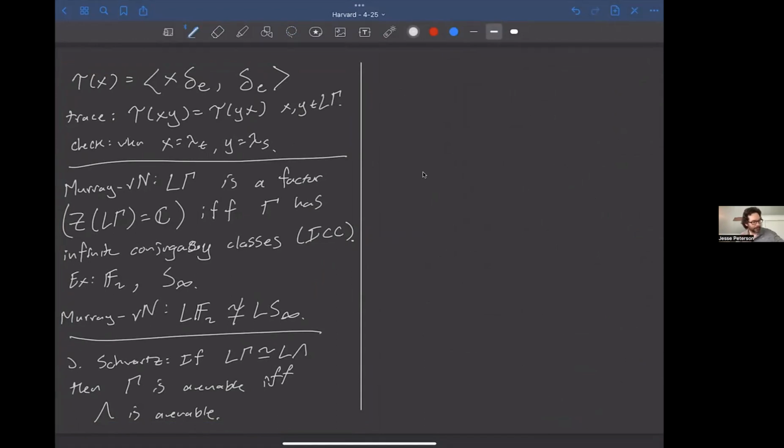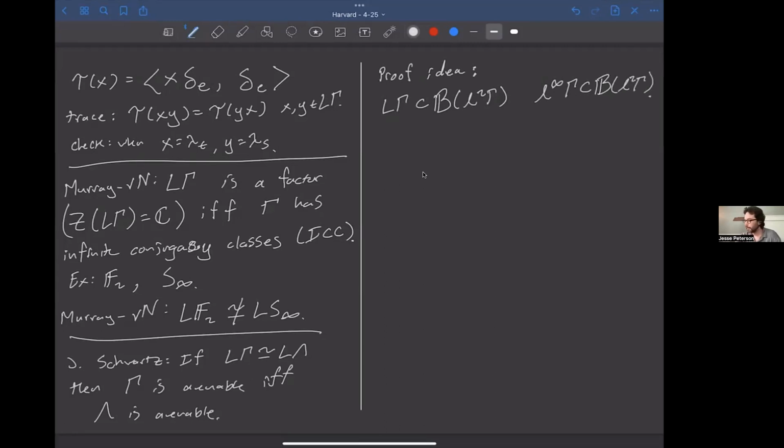And the idea of the proof, so what's the proof? I won't go into details, but let me at least give an idea. The idea of the proof is that we have this copy of L gamma, which sits inside of bounded operators on L2 of gamma. And then we also have another natural von Neumann algebra inside there, and that's L infinity of gamma, again just as pointwise multiplication.